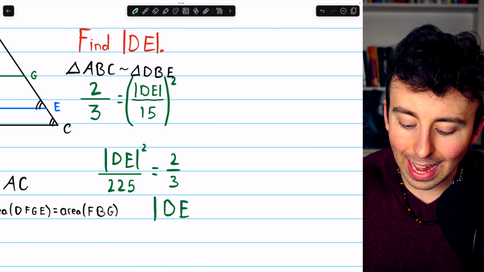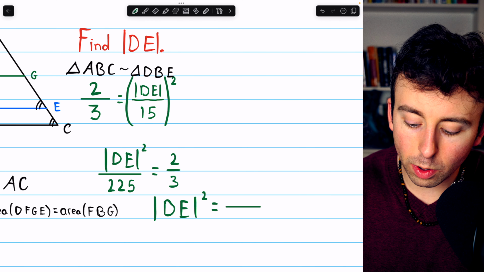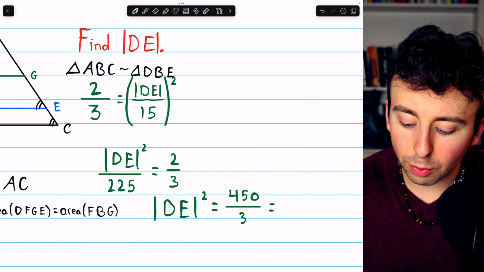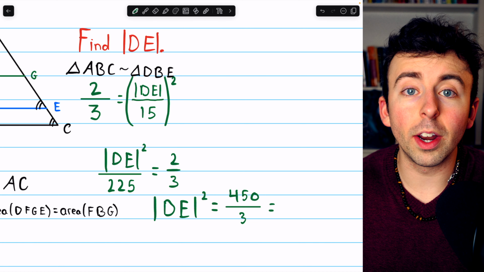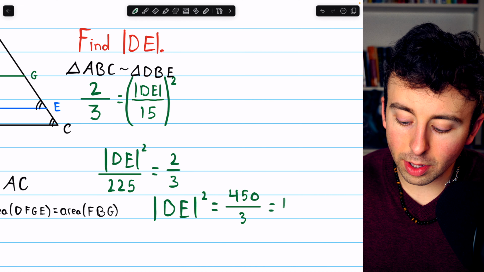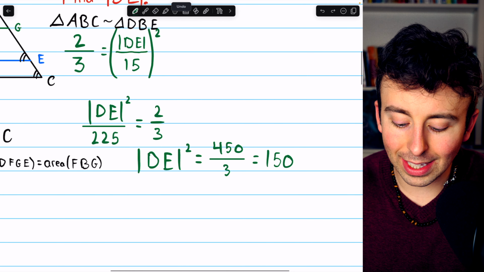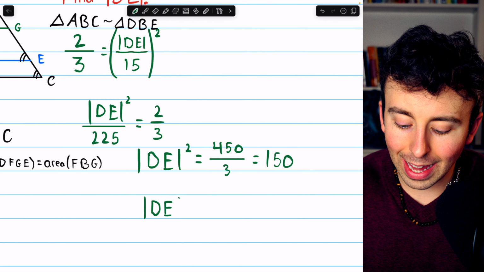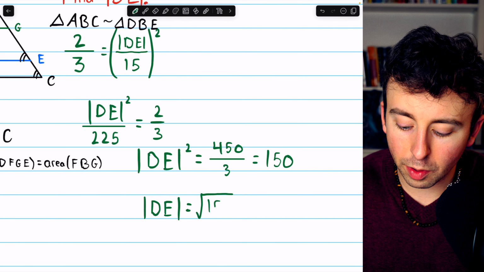So we have that the length of DE squared is equal to 450 divided by 3. We can reduce this fraction. 3 goes into 450 150 times. So this equals 150. And now, to finish solving for the length of DE, we just take the square root of both sides. So the length of DE that we're looking for is the square root of 150.